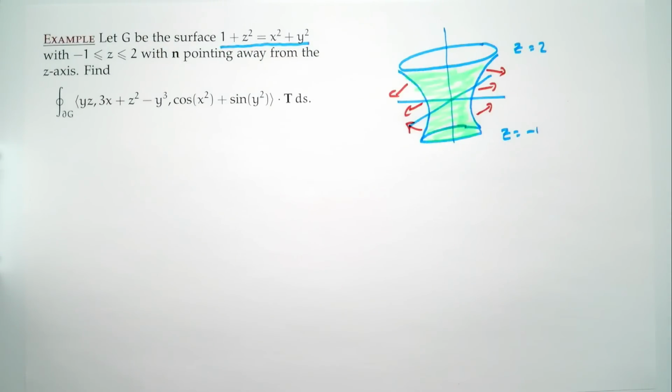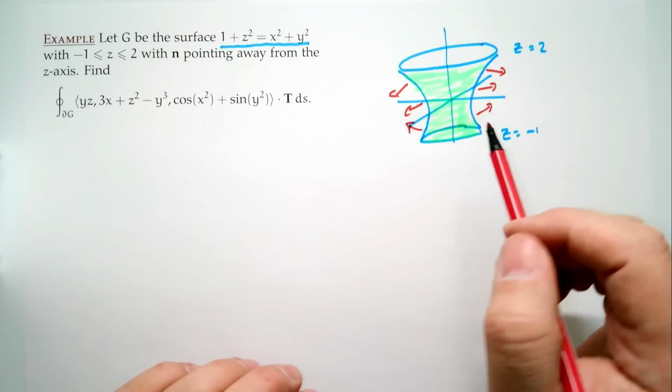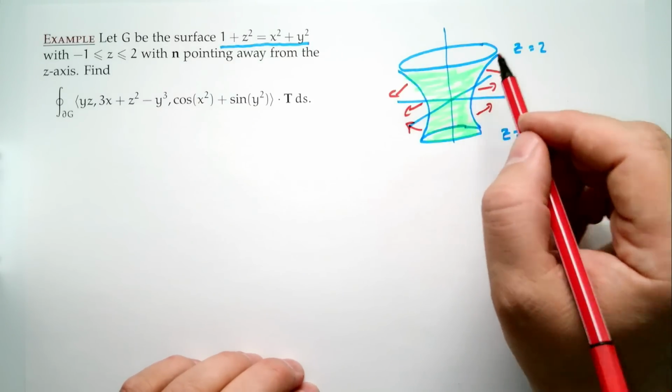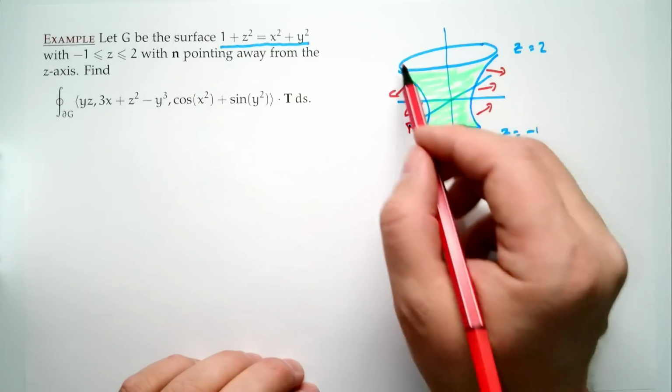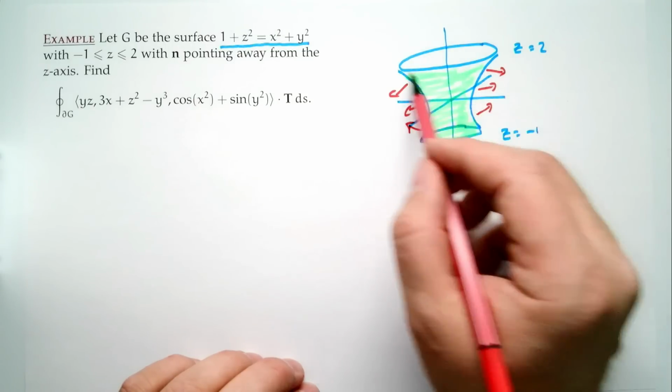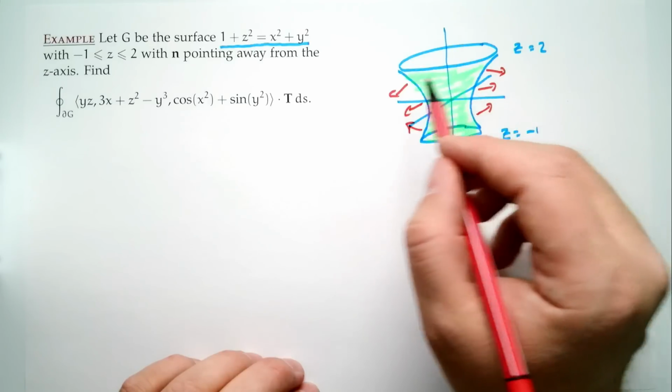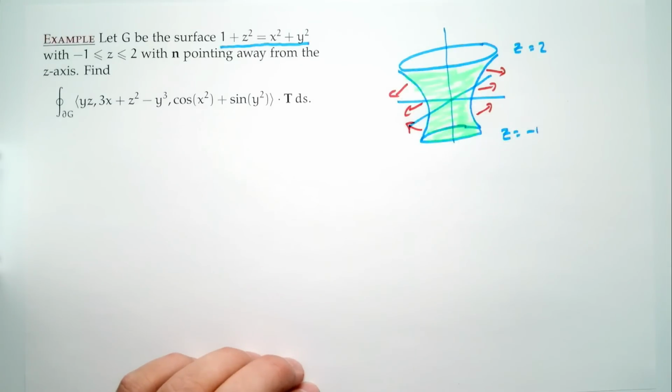Now we have to think about how do we treat the boundary. What's the right orientation? So, what is the right orientation? For up here, which way should we rotate? Well, it's definitely one of the two. It's definitely either clockwise or counterclockwise, because there's no third option.